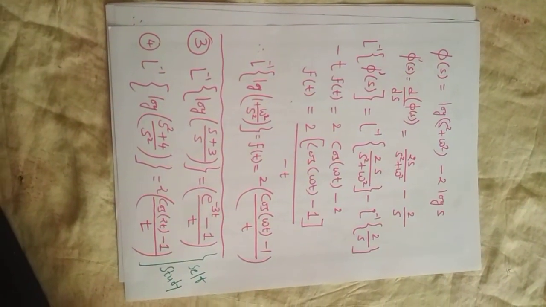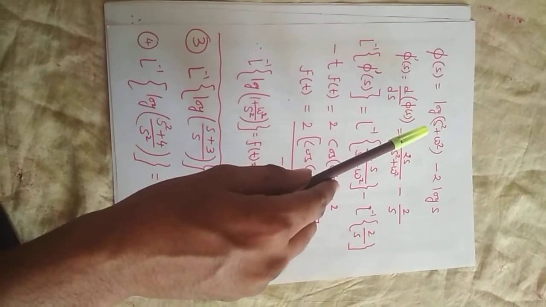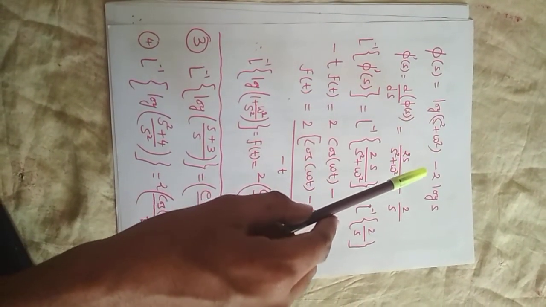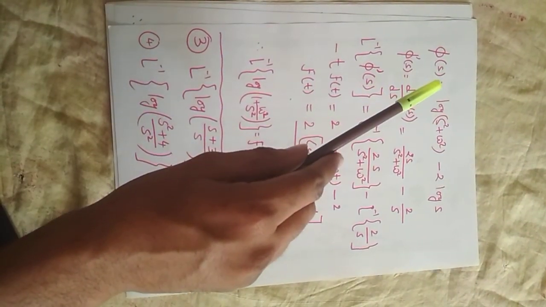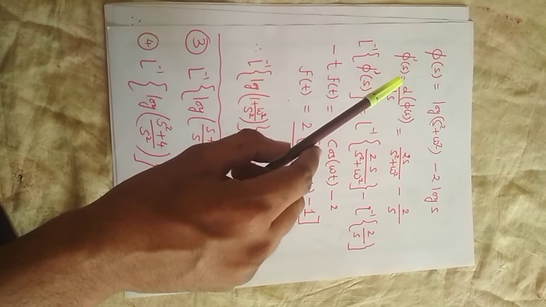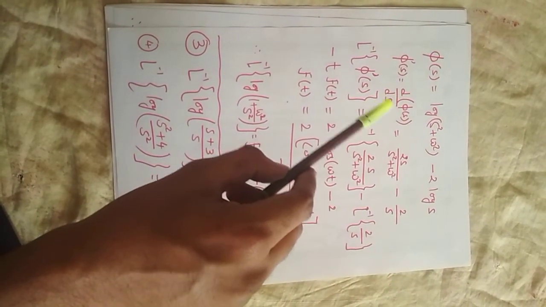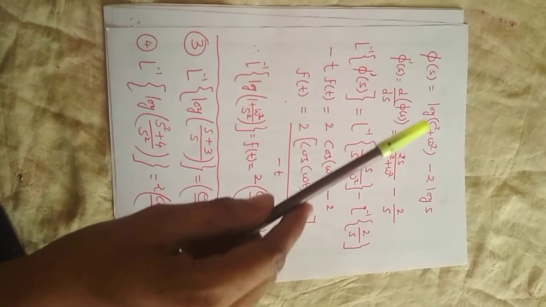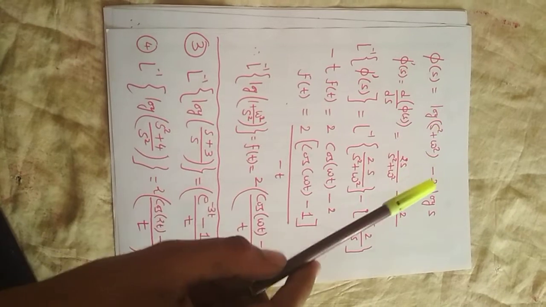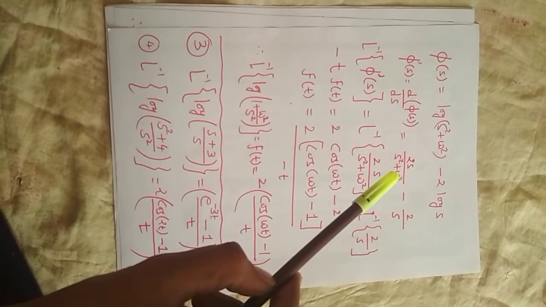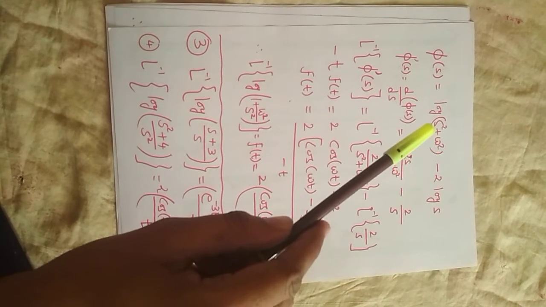Now taking the derivative of both sides of phi of s equals log of (s square plus omega square) minus 2 log of s, we get phi dash s, that is the derivative of phi of s, equal to the derivative of log of (s square plus omega square), which is 1 upon (s square plus omega square) into the derivative of this part, that is 2s.